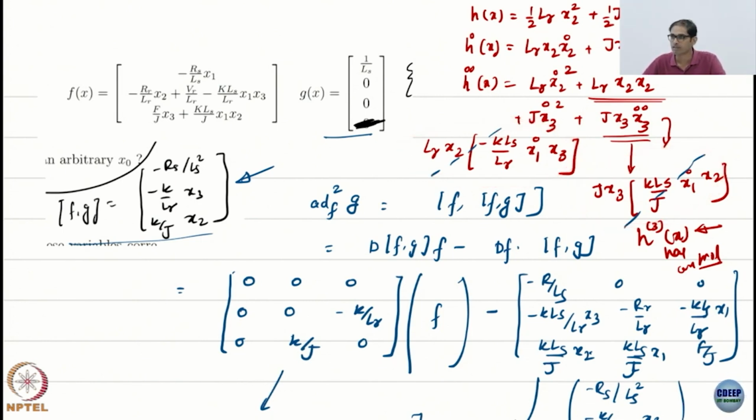So control doesn't appear, it can't, because I need 3 coordinates, right? I started with a 3-dimensional system. So my coordinates are now these 3, h, h dot and h double dot. Unfortunately, as you can see, very ugly looking. Well, nothing much you can do. Doesn't look very nice, but nothing much you can do.